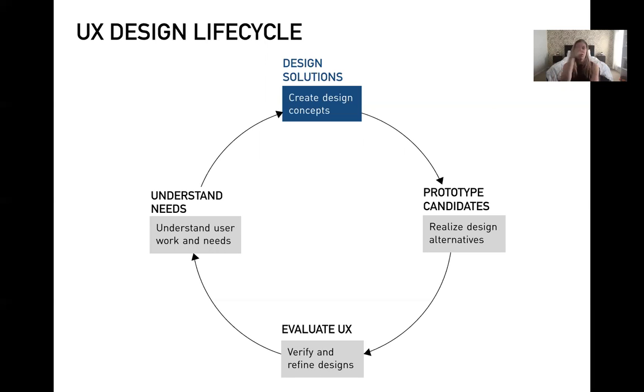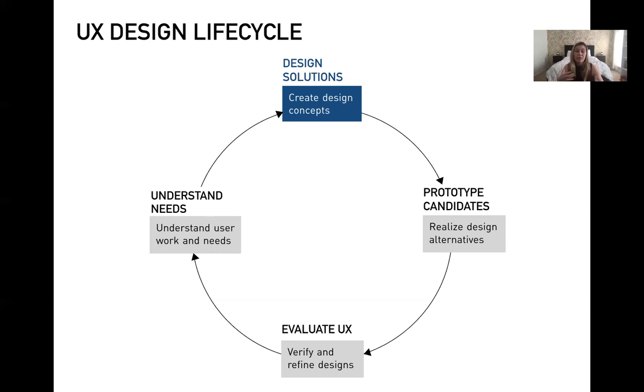Oh, and just to kind of go over the whole thing again, I know I go over this very briefly every time, but I think it's important to just talk about where we're going to go in the future. So we'll go through design solutions for the next couple of weeks, and then we'll move into prototyping candidates. And that's going to help us realize some design alternatives that we might not have come up with in the initial design phase. Then after you prototype your candidates and you figure out which solutions are best, you're going to want to evaluate those solutions using users.